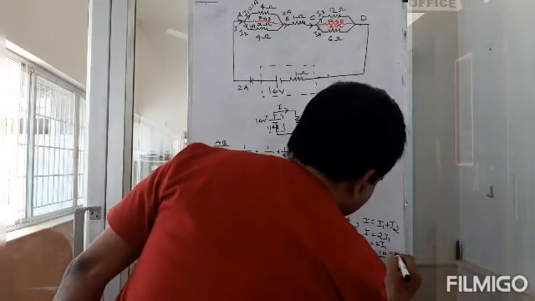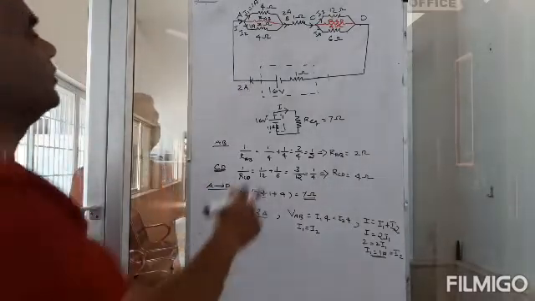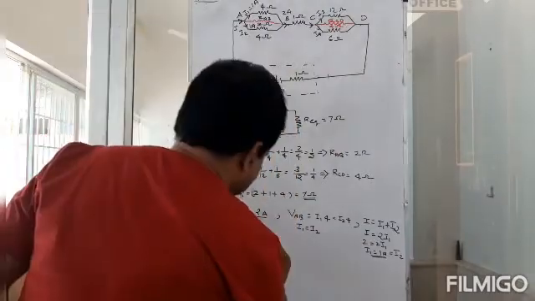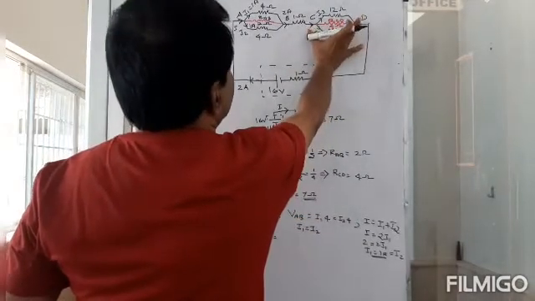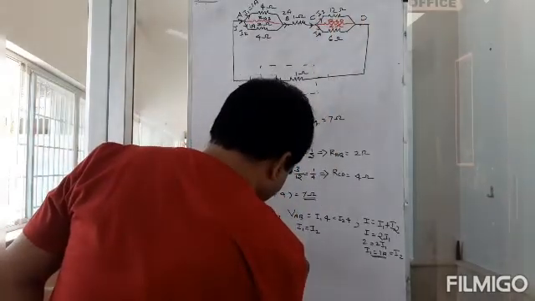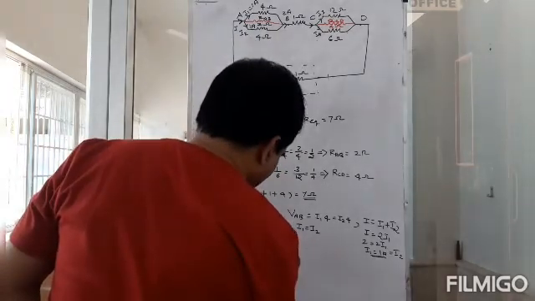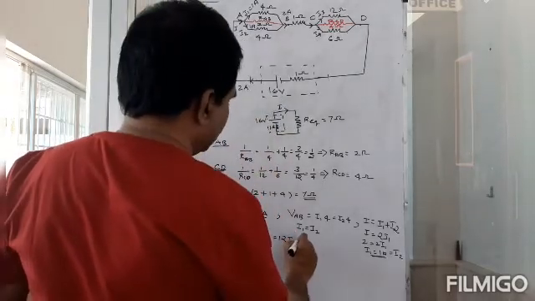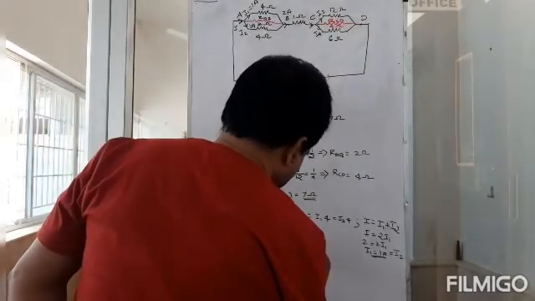Here that is also equal to I2. Okay, 1 ampere. So here VCD. Let's say VCD is what? The potential drop across this is I3 into 12 ohms, or 12 I3. And that is also equal to I4 into 6 or 6 I4.